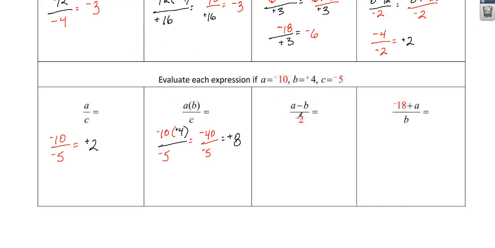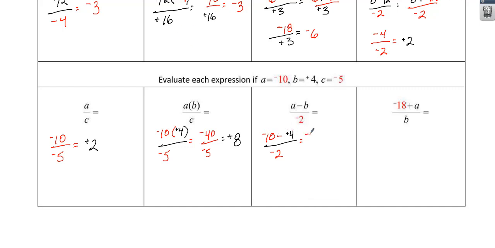A minus B divided by negative 2. A is negative 10, minus B is positive 4, divided by negative 2. Let's make this into an addition problem.